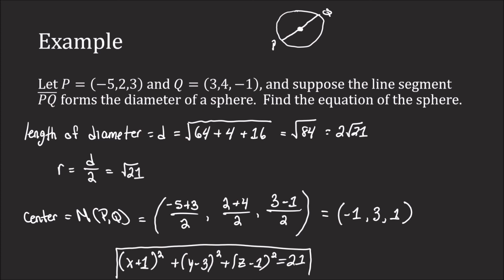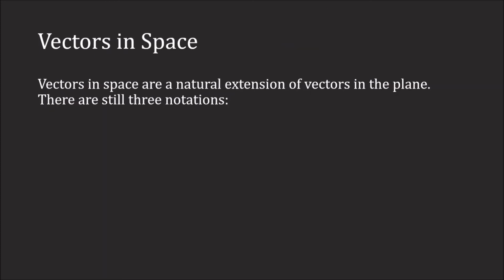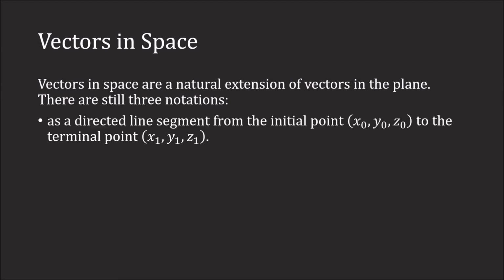Now let's look at vectors in space. Well, vectors in space are just a natural extension of vectors in the plane. So we still have 3 notations. As a directed line segment from the initial point x naught, y naught, z naught to the terminal point x1, y1, z1.